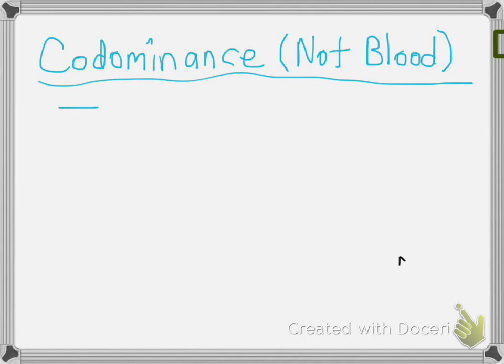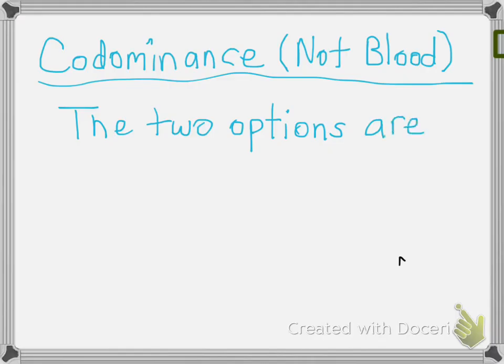In codominance, the two options or alleles that we're dealing with, the two different characteristics, are actually equal. So they have the same strength.